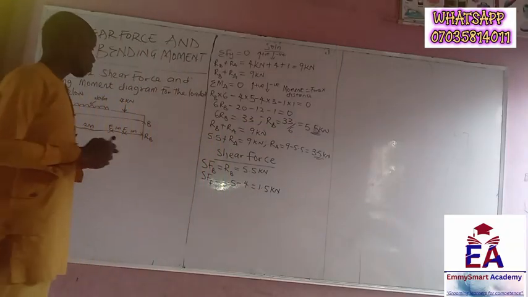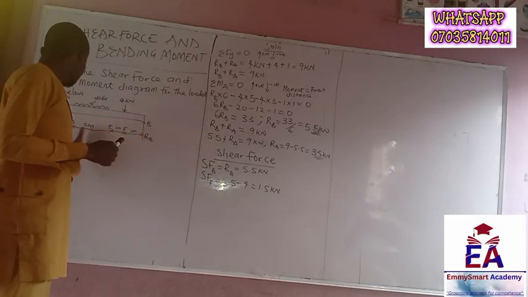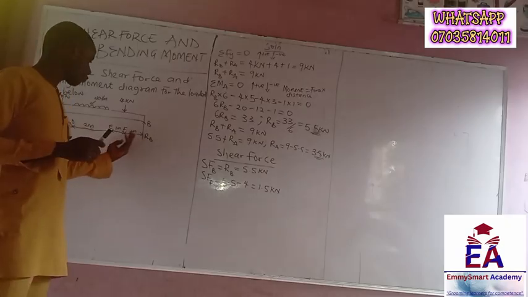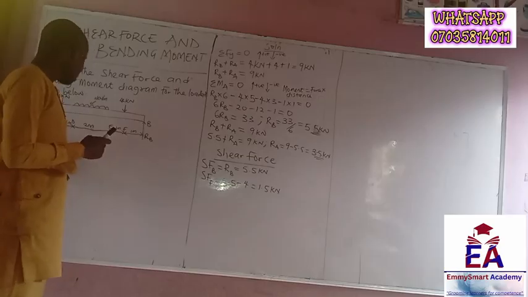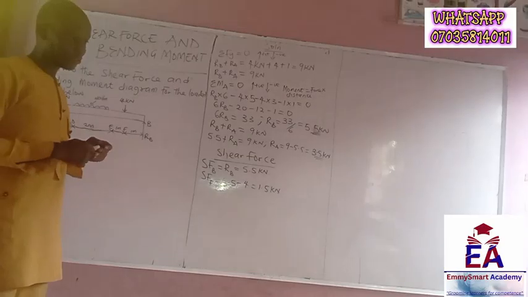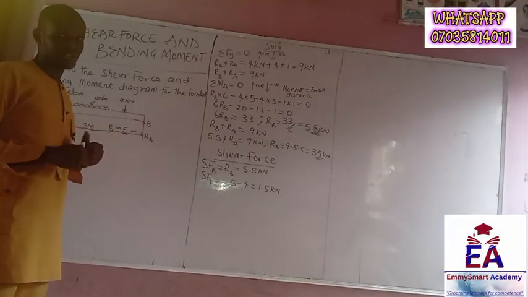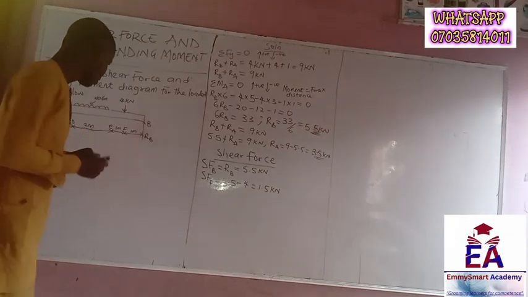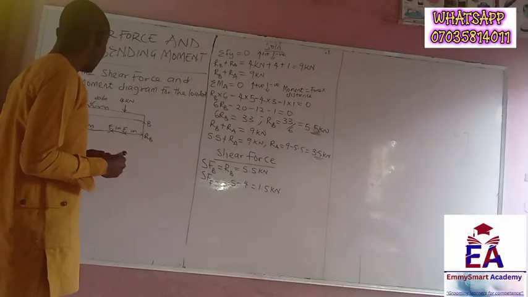That's basically how we find the shear force. I'm moving from this side, coming over to this side, subtracting the forces till I get to this point. At this point, if I sum this guy and this guy, I should get 0. So the shear force at F is equal to 1.5 kilonewton.